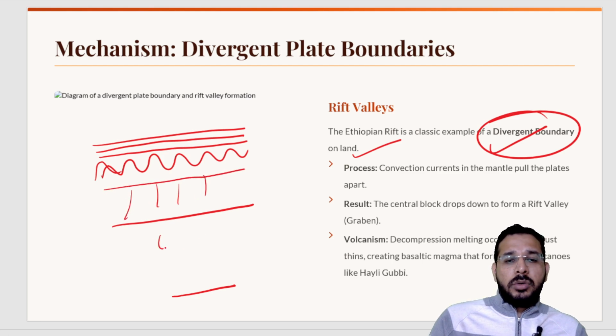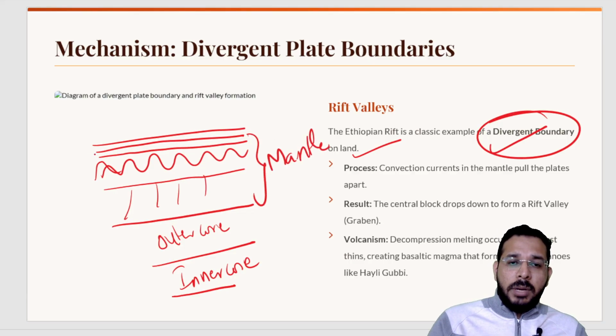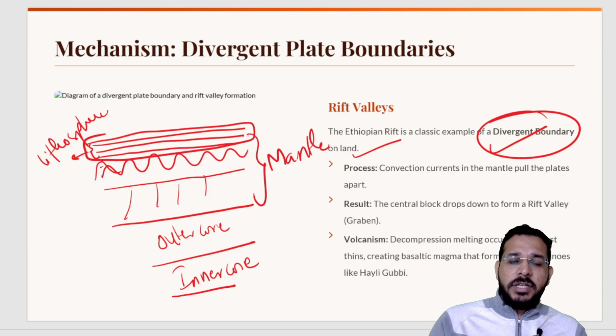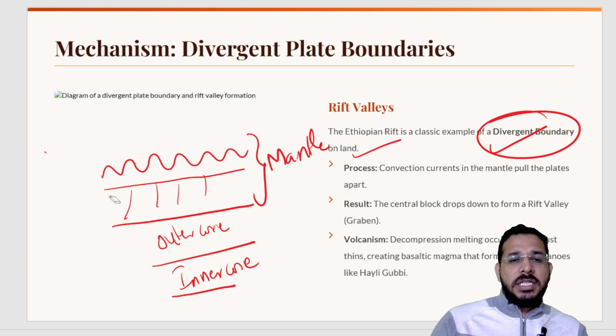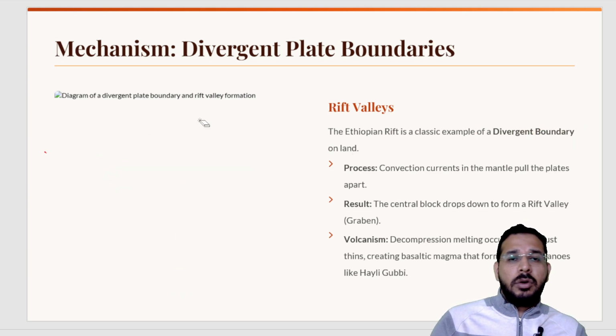Then this is the outer core, which is liquid, and we have the inner core, which is solid. So this whole region is mantle. But the upper mantle and crust of the earth, both of them are called the lithosphere. Below this lithosphere, we have this molten material. This lithosphere is not continuous, it is broken into many plates. These plates are freely floating on the asthenosphere. So we have different plates.